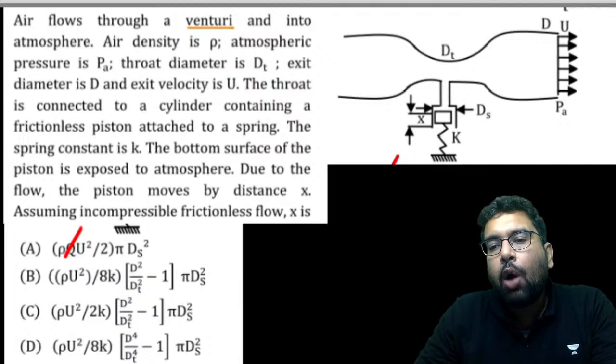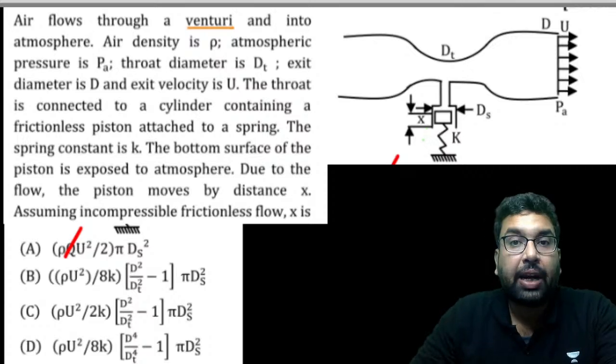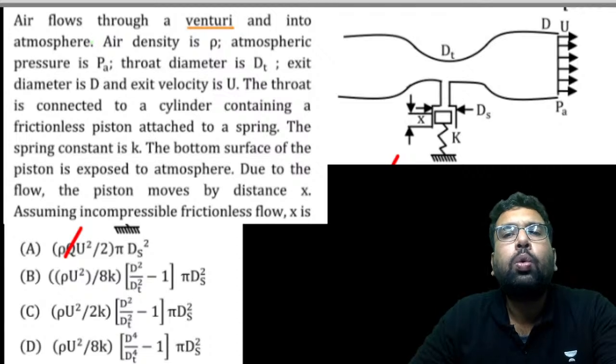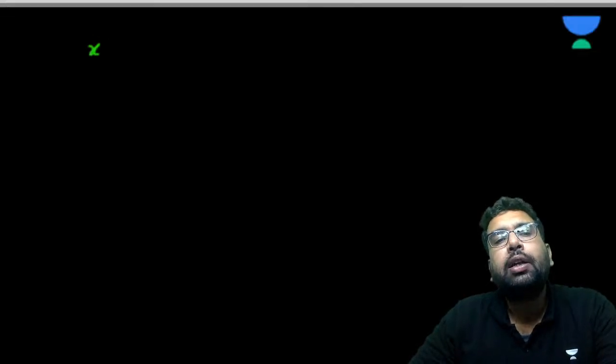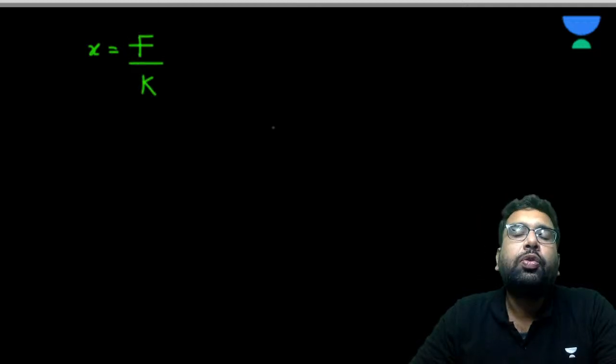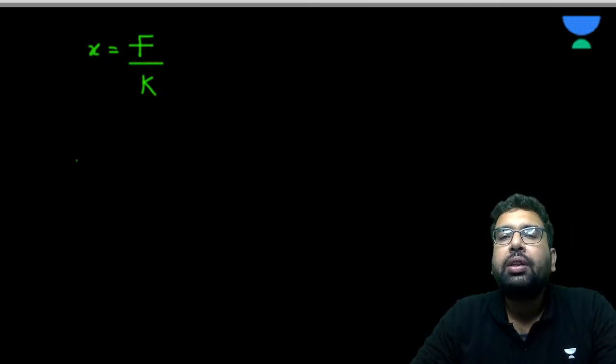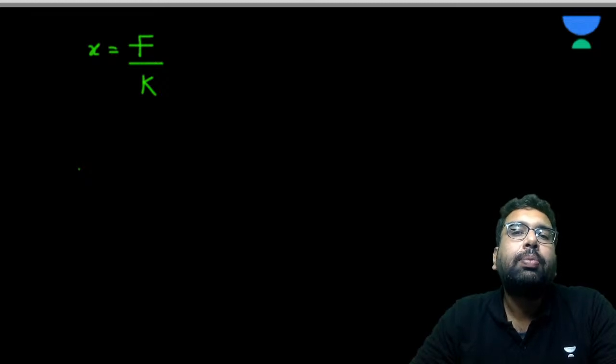Now, how can we approach this question? You are asked about the x of the spring, that is, the displacement of the spring. In this whole world, there is only one way to find the displacement of the spring when stiffness is provided, that is, force upon stiffness. We are very well aware that the displacement of the spring is equal to force upon stiffness, or we can say stiffness is equal to force upon displacement.